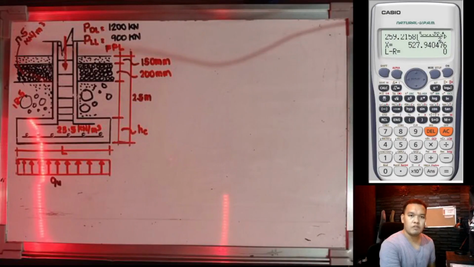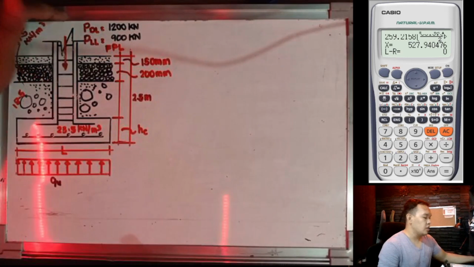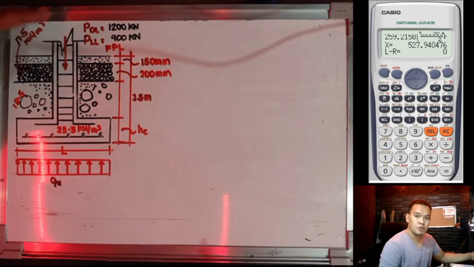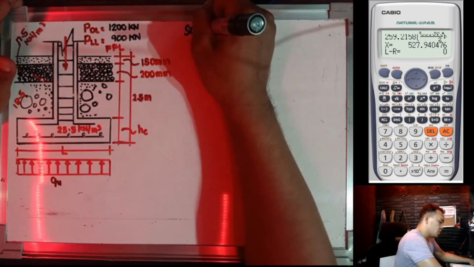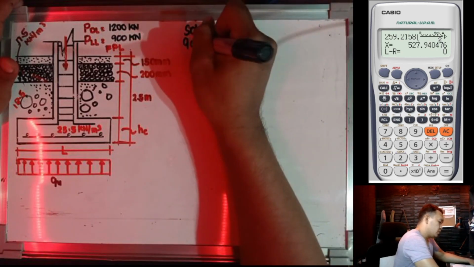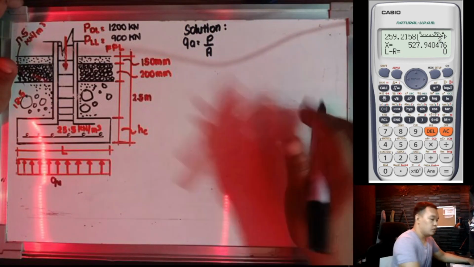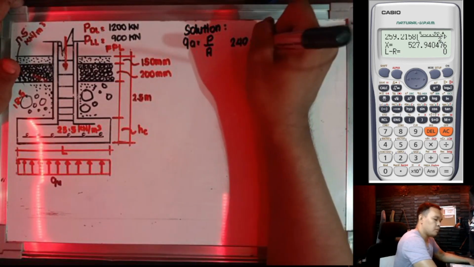Okay. So, we have this figure based dun sa ating problem. So, to solve, we have here the dead load, which is 1,200, and the live load, which is 900 kilonewton. So, yun yung applied load natin. So, solution tayo. We have here QA is equivalent kay force all over area. So, we all know that QA is equivalent kay 240 kPa based sa ating problem.